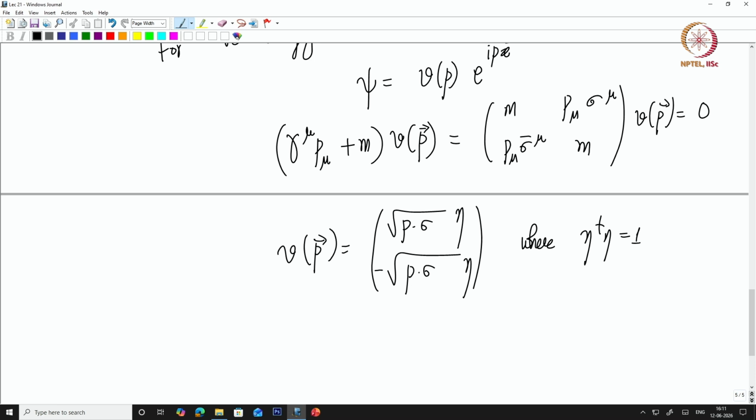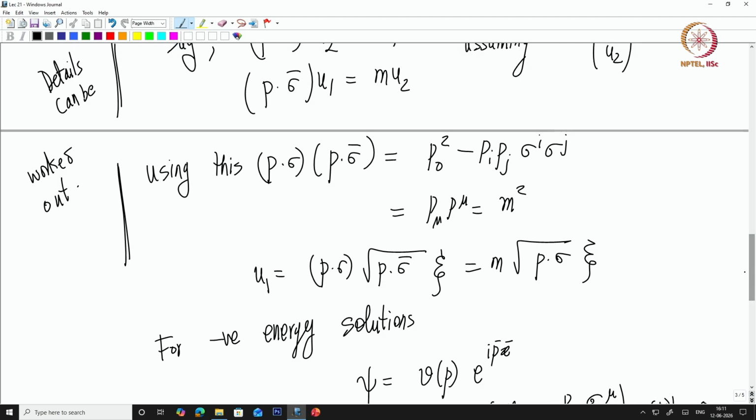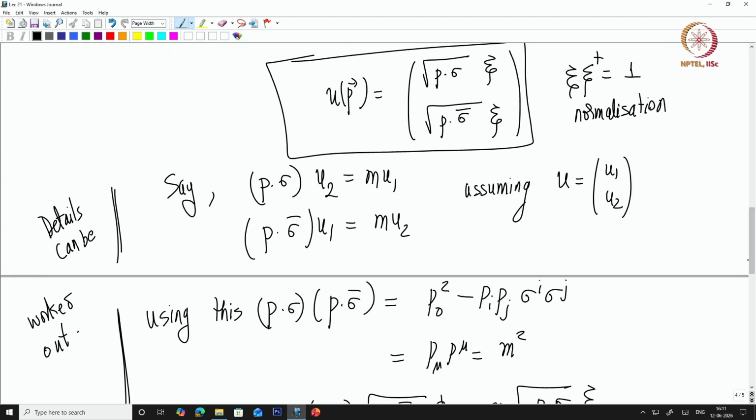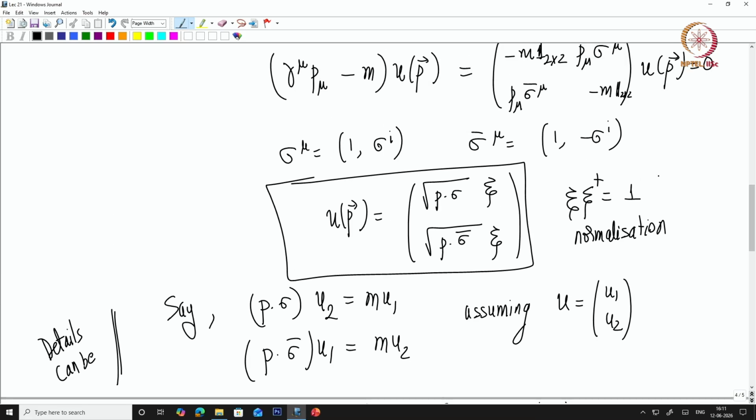So, this is a 2 component spinor which is like 1 0, 0 1 and so on. So, this is also the same thing. So, xi is a, okay, I should put it here, it is a normalization. So, a 2 component spinor which you can take to be 1 0, 0 1 and so on.